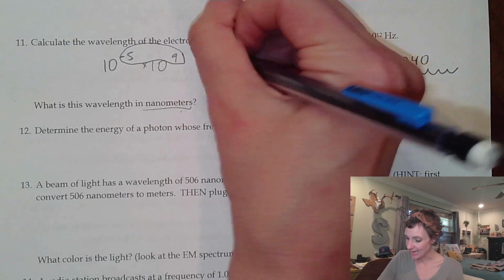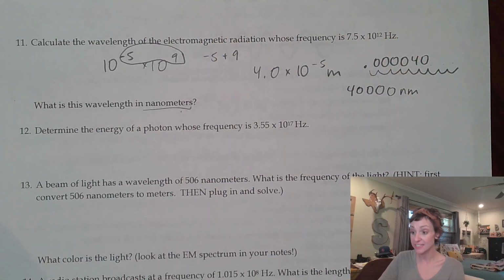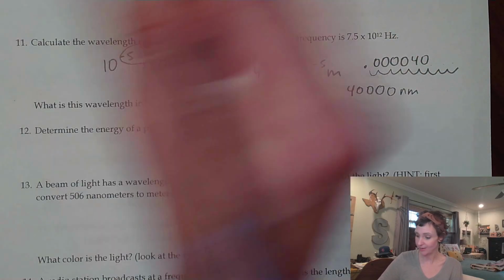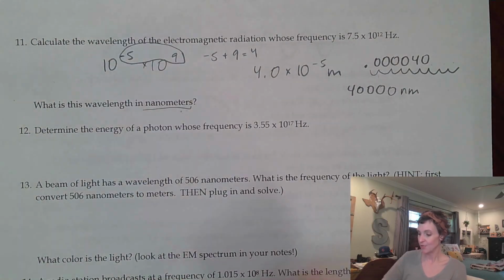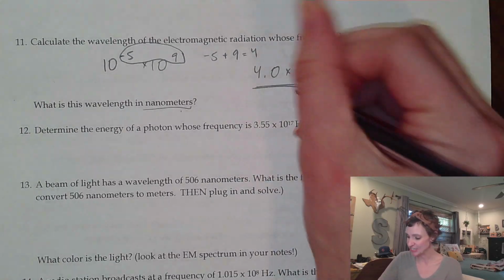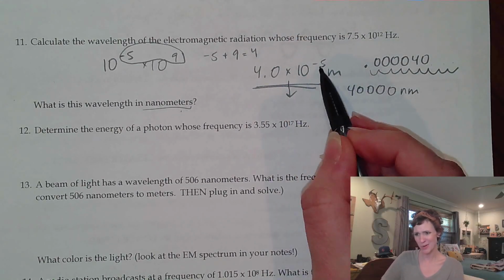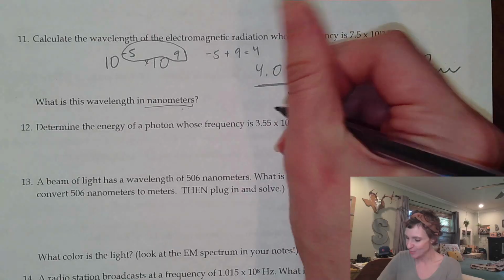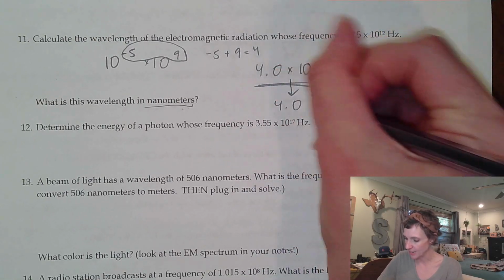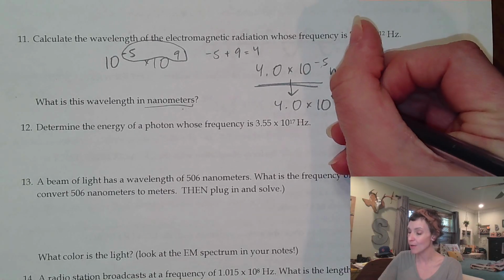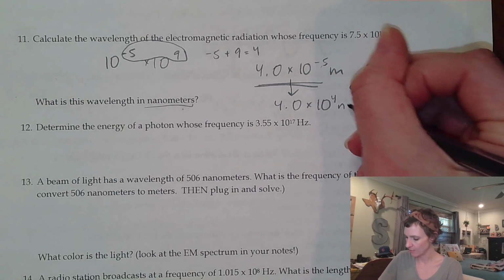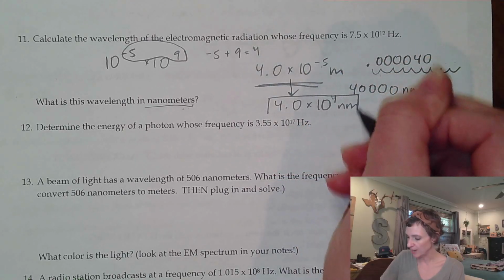So I would add a negative 5 plus 9, and that's going to give you your new exponent of 4. So this I could directly turn into nanometers by just adding 9 to that. And you would immediately get 4.0 times 10 to the 4th nanometers.